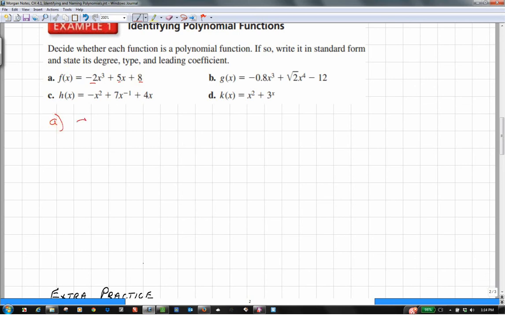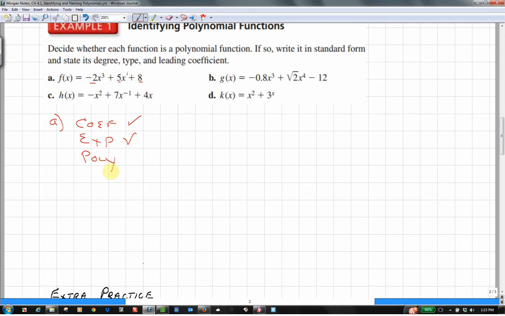So A, are the coefficients good? Yep. Now let's look at the exponents. I have a 3, that would be a 1. Are there any negative numbers or fractions? They're all just natural 0, 1, 2, 3, 4, like that. So that would be okay. So the exponents pass. So A would be a polynomial.